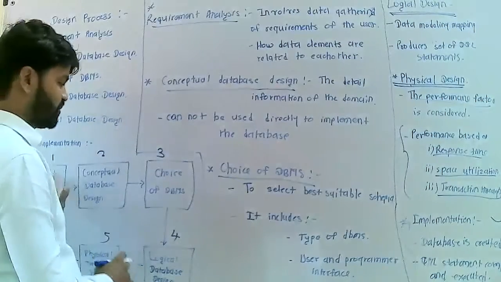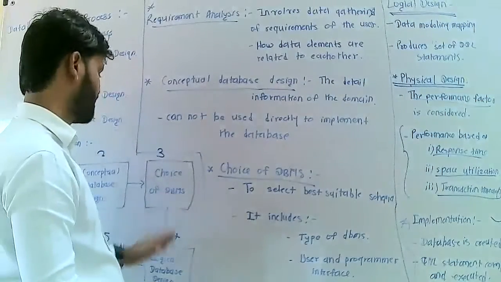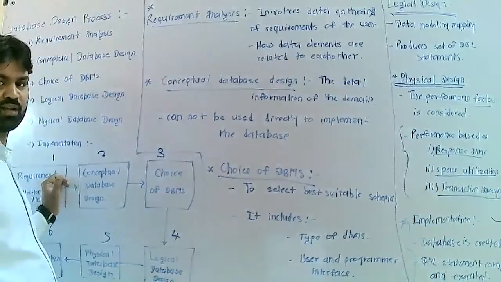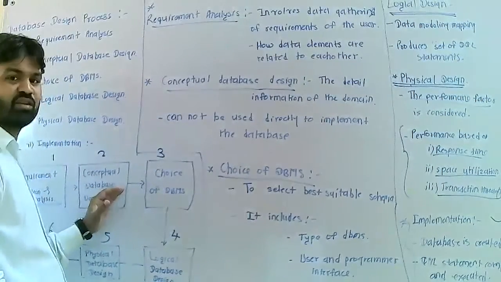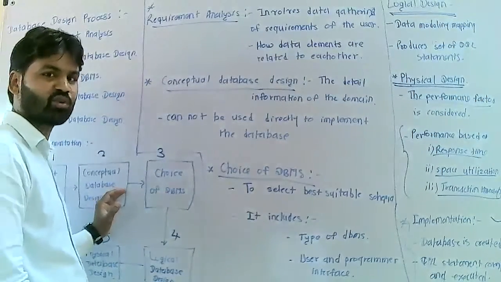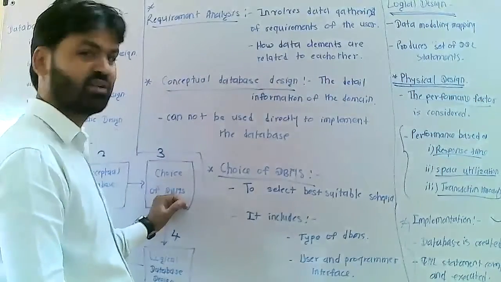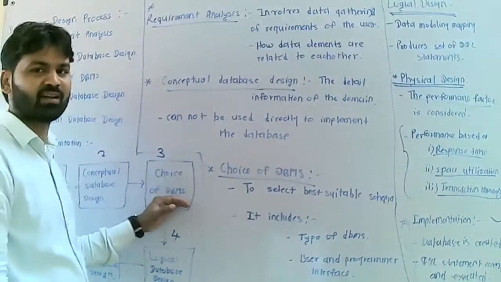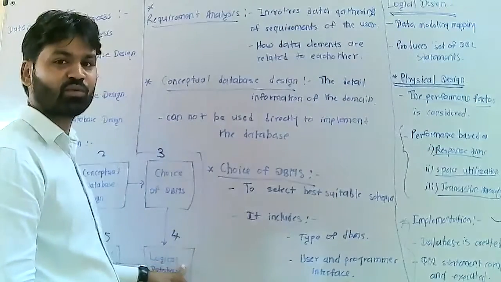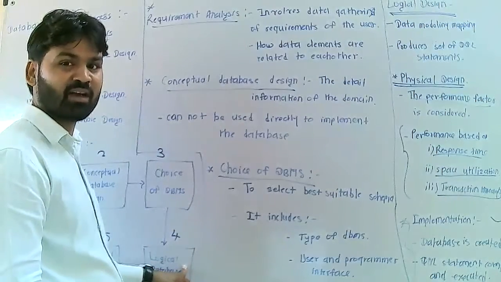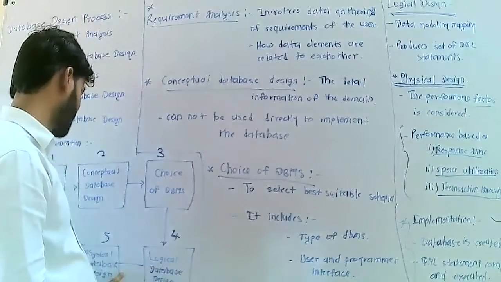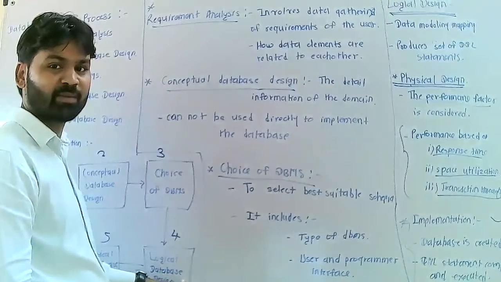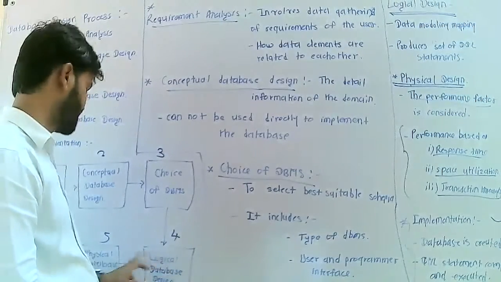One by one, you can create your database design. First, you have to collect requirements. Then you have to collect detailed information of your data objects. Then you have to choose a proper database or proper query language. Then you have to design the data model and specify different DDL statements.